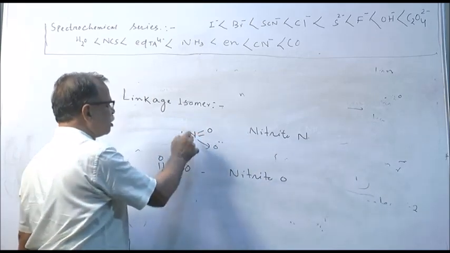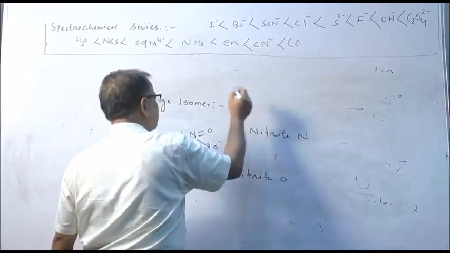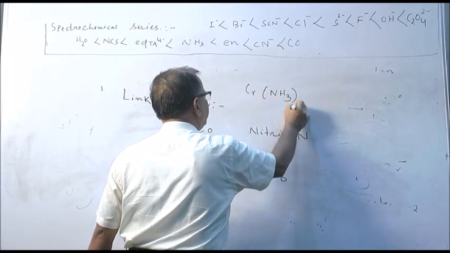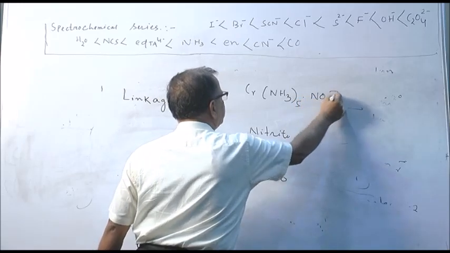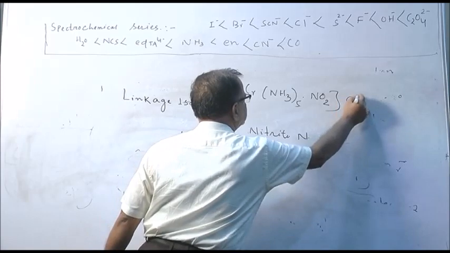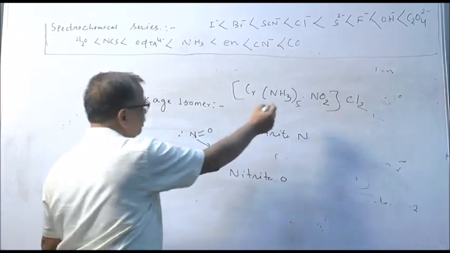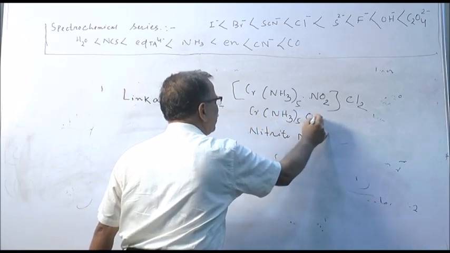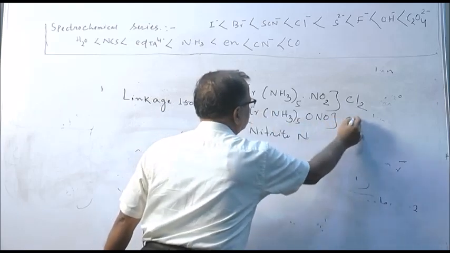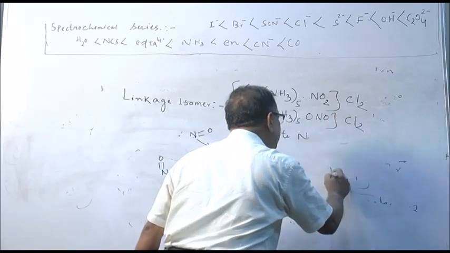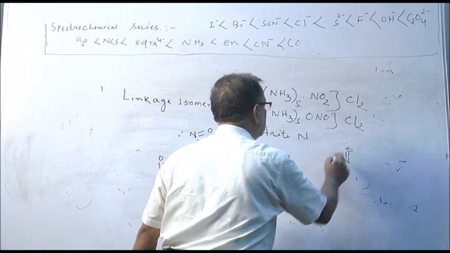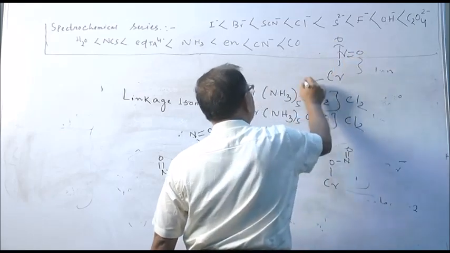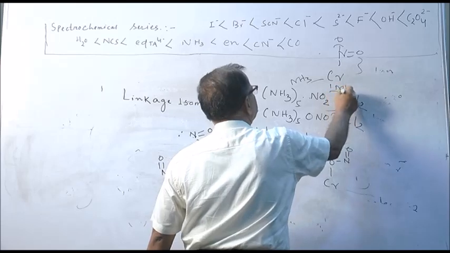Depending on the linkage, the complex name will change. Give an example: [Cr(NH3)5NO2]Cl2. Here the linkage is through nitrogen, or you may write [Cr(NH3)5ONO]Cl2, with chromium linked directly through oxygen, ONO. The rest are all NH3.